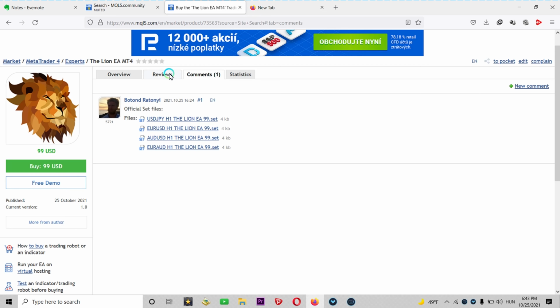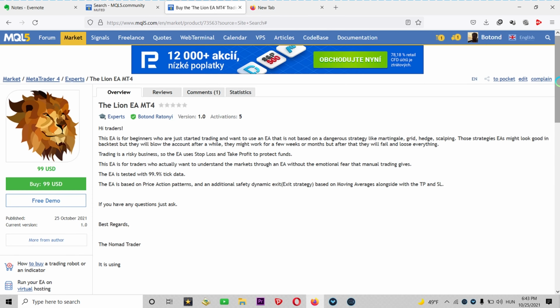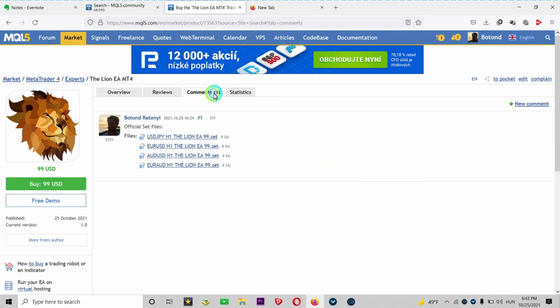But please test it with high quality data, because if you don't, then it won't really matter if you test it, because it is bad. It has 5 activations, and I will update it on a regular basis, and I'm still working on new updates and new set files for more currencies as well.